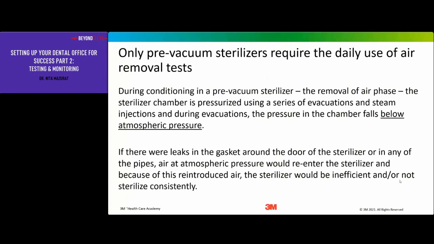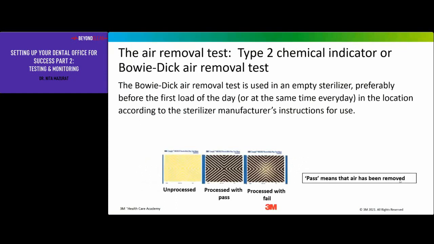So, of course, if there's a leak in the gasket around the door or any of the pipes, the air at atmospheric pressure would re-enter the sterilizer, and because of this reintroduced air, the sterilizer would be inefficient because you have air pockets again, and it wouldn't sterilize effectively or efficiently.